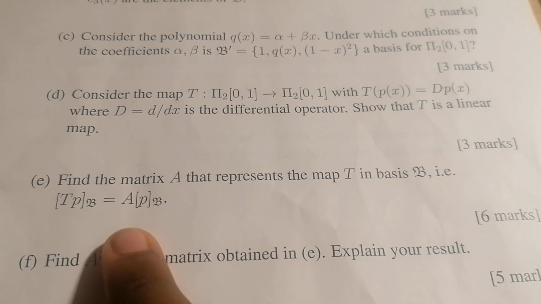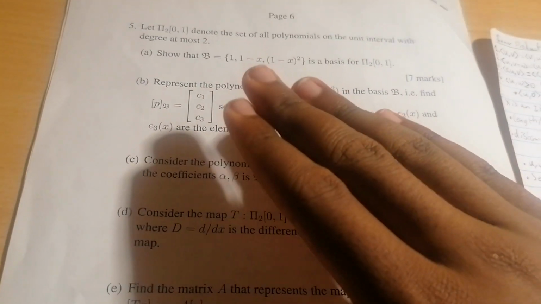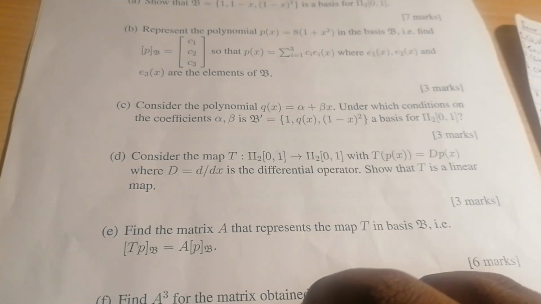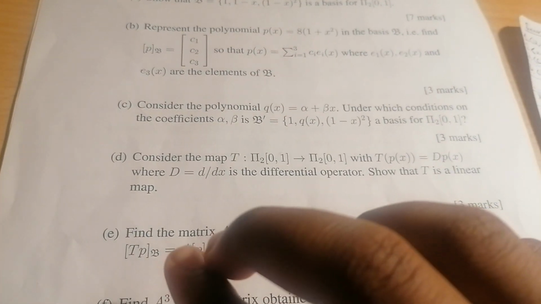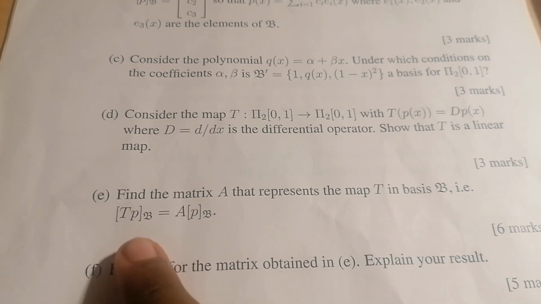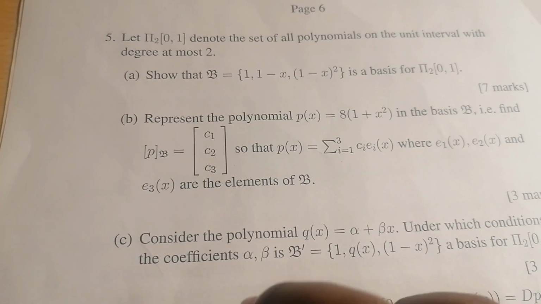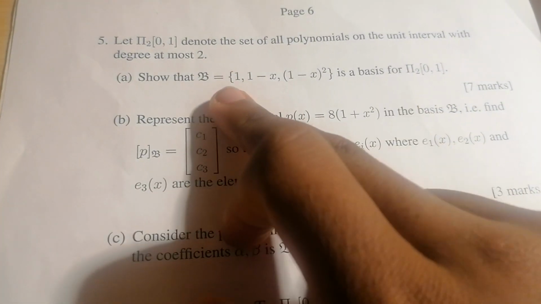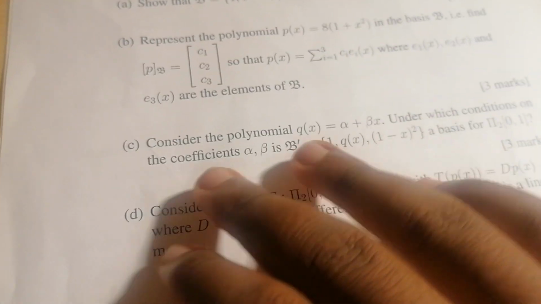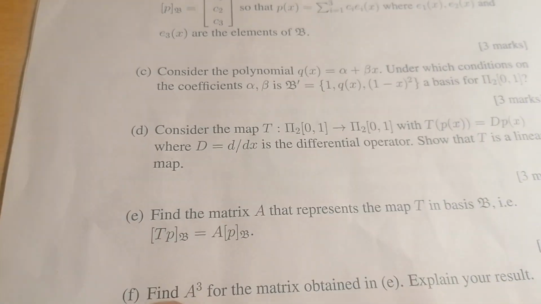I interpreted it as putting the vectors of the basis B into T and then getting that result as coordinates in the basis B. For example, if you choose p to be 1, then T of 1 is just d by dx of 1, which equals 0.